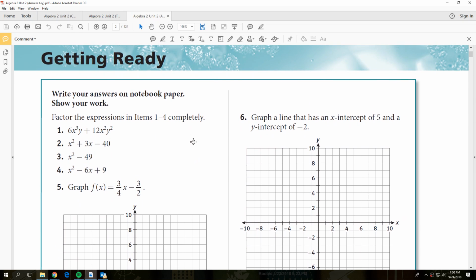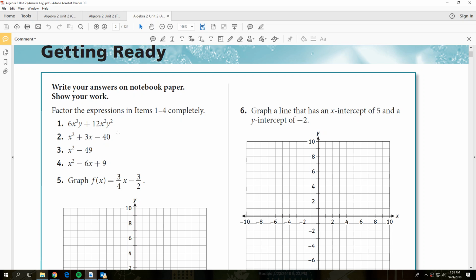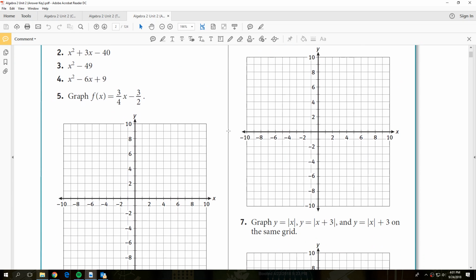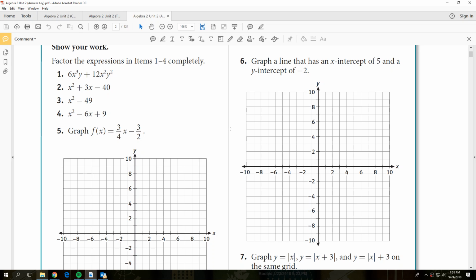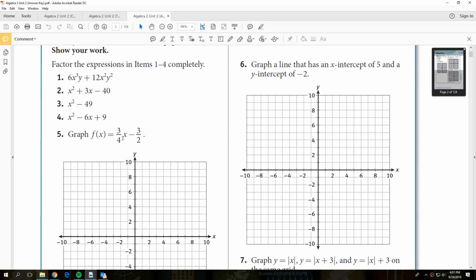Okay. So as far as getting ready goes, we did this in the beginning of class. I do want you guys to make sure that you can do all of these, factoring these expressions first of all. We will get a lot more practice with factoring, and then also just graphing these different things here. Okay, this is an equation of a line.